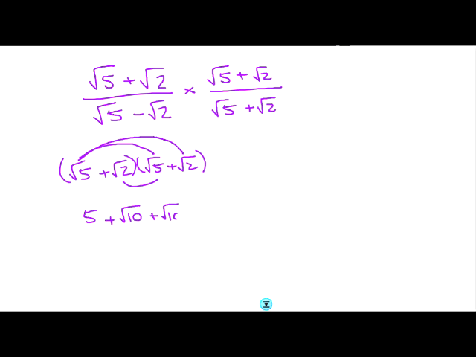You can see they won't cancel. And that is 2. Leaving me with 7 plus 2 root 10s. You can see there that the surd is still apparent. It's not been rationalized. Hence why we need the conjugate.